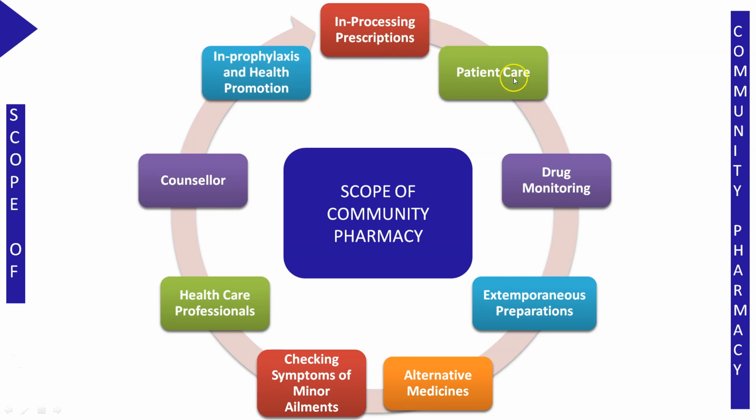So these are all the nine scopes of community pharmacy, which is a tremendous scope that community pharmacy has in society. Now we will try to understand all these scopes one by one.